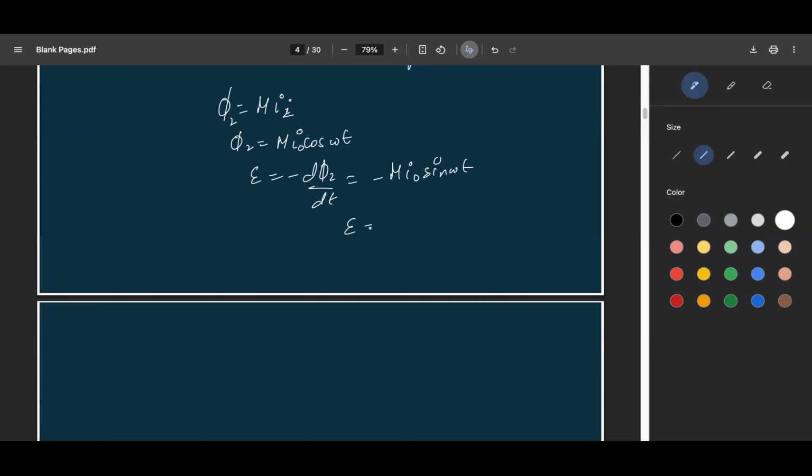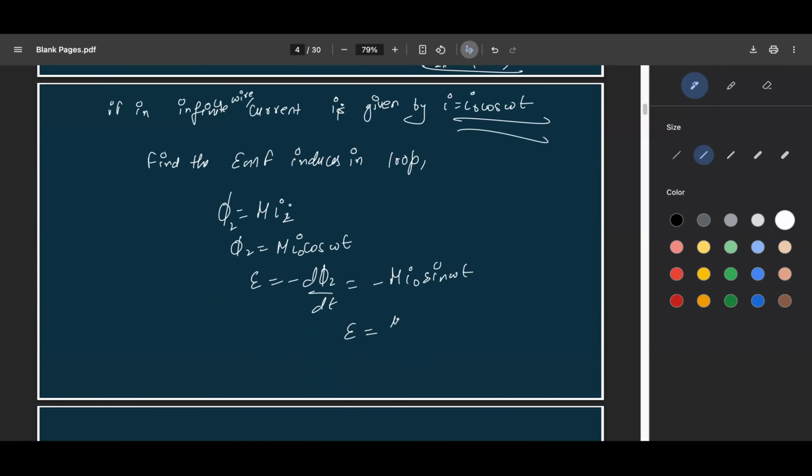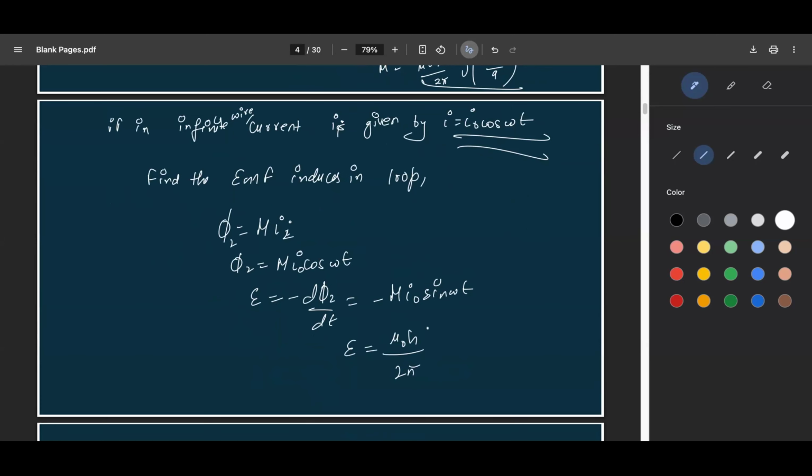So E becomes, putting in all the values, mu naught h by 2 pi log of a plus l by a times I naught sine omega t. Is this clear now?